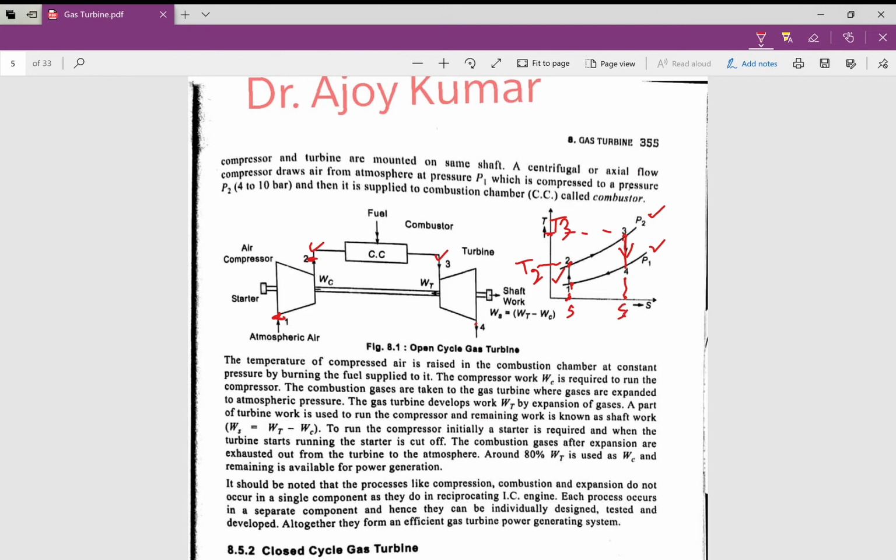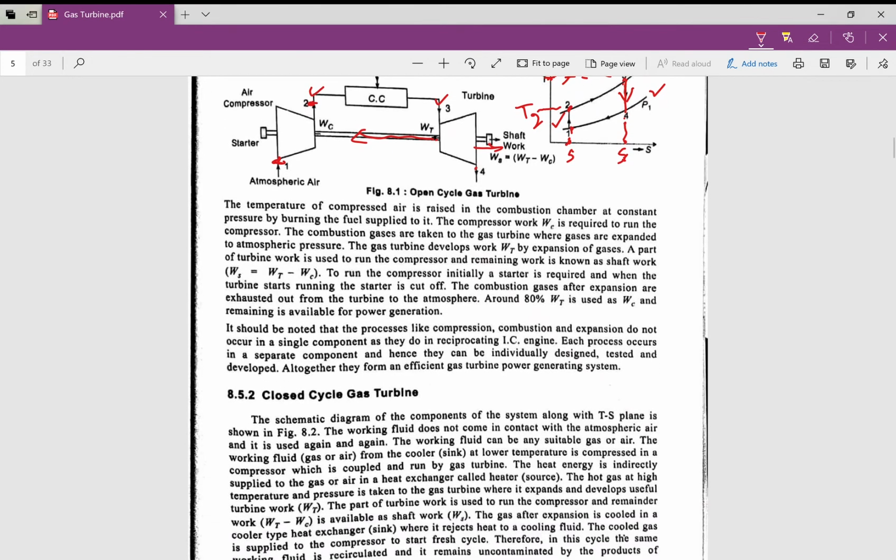Right. So after expansion in process 3-4 we produce work, and some portion of the work is supplied to run the compressor, and the remaining work is used for driving a shaft or any other machine. So this is about your open cycle gas turbine. Why is it called open? Since this exhaust gas, after producing power in the gas turbine, is directly supplied to atmosphere.